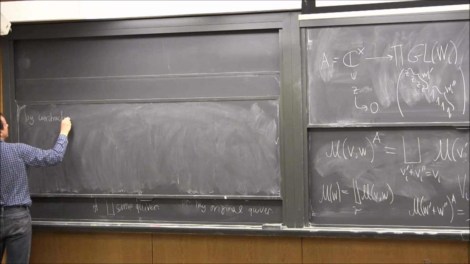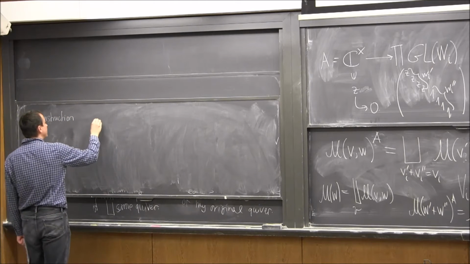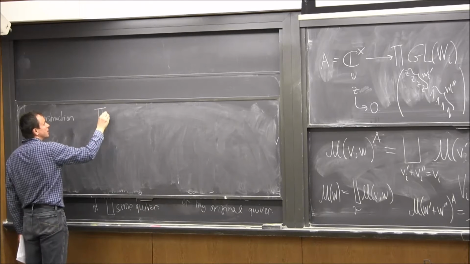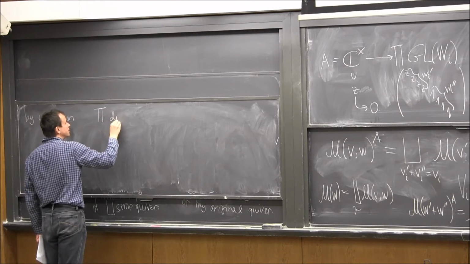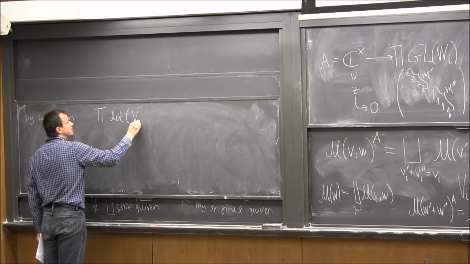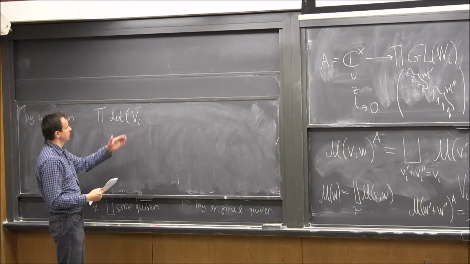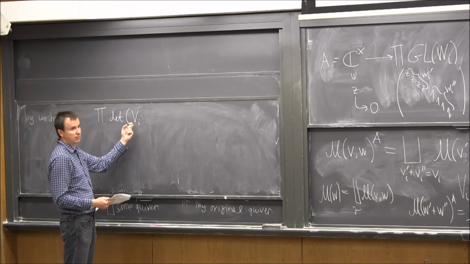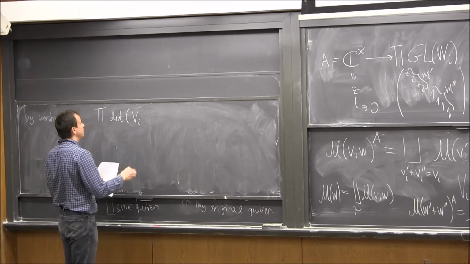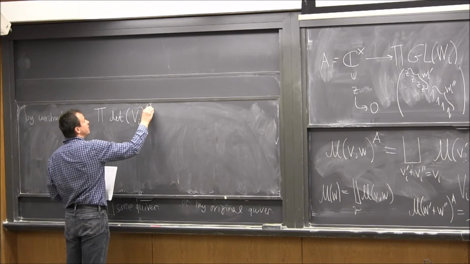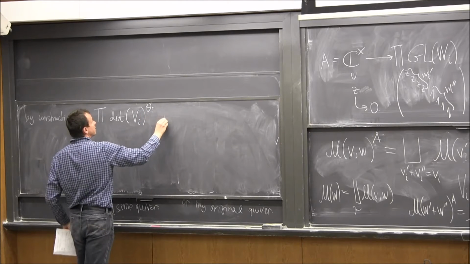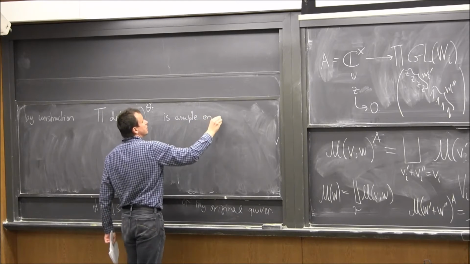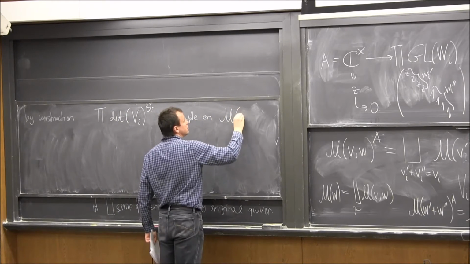If I take the product of the determinants of the spaces V_i, which descend from the pre-quotient to vector bundles on the quotient, then the determinant of this to the power theta_i is an ample line bundle L on M.